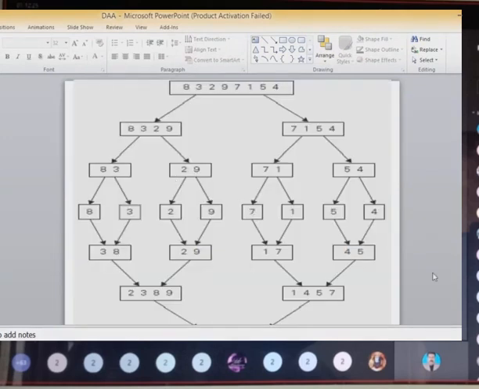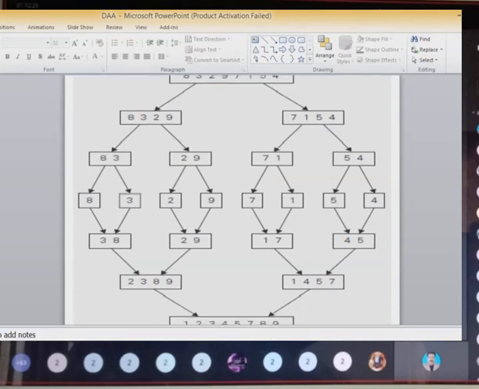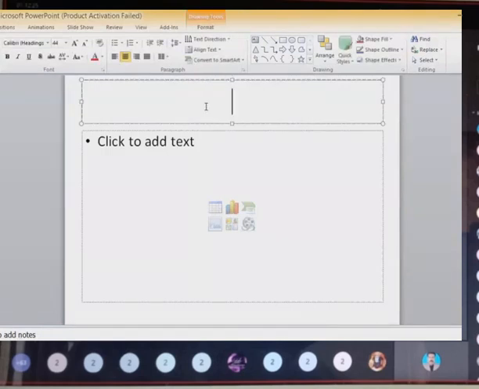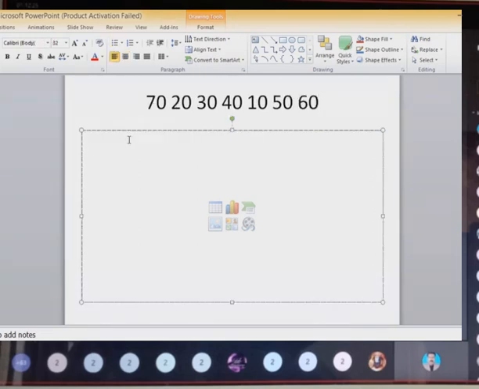Now I'll teach you the pseudocode with iterations. Now consider the example values 70, 20, 30, 40, 10, 50 and 60.